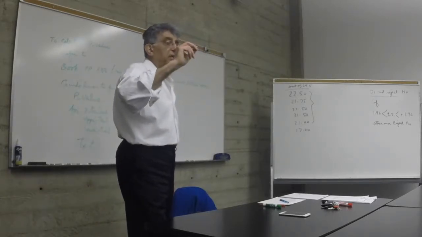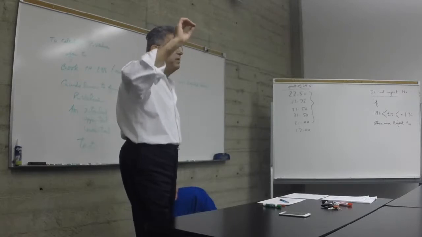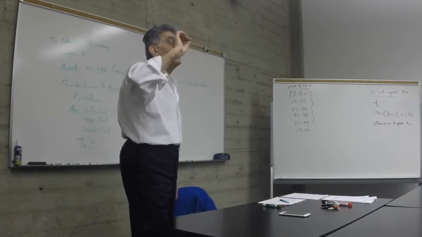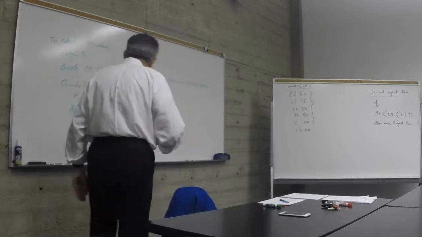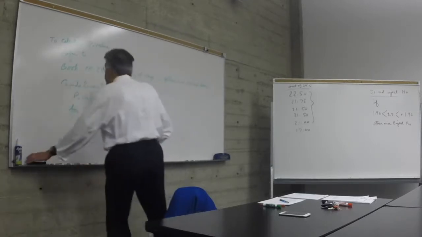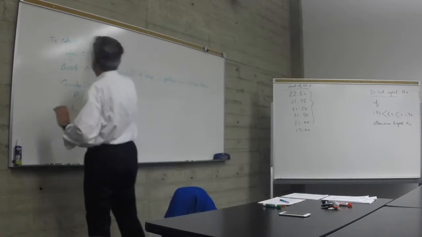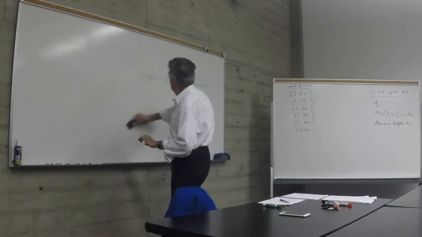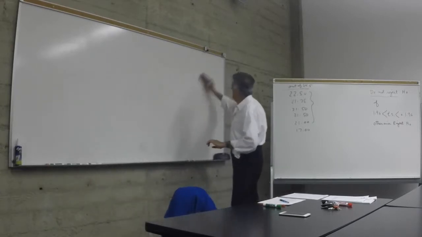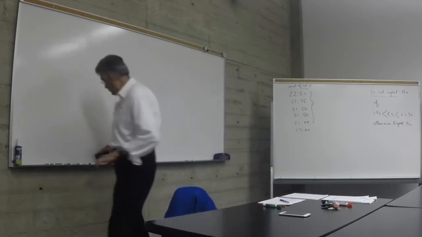Okay. So now that we have learned this concept, let's go to the next test, which is making inferences about the population mean mu when the standard deviation of the population is not known. So that's the second test. Test number 2.